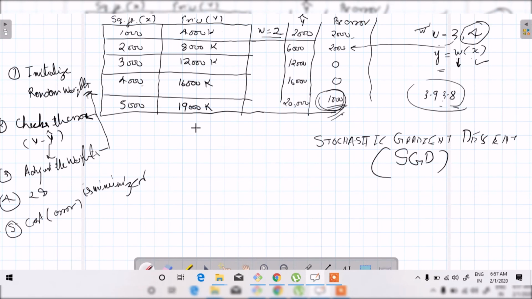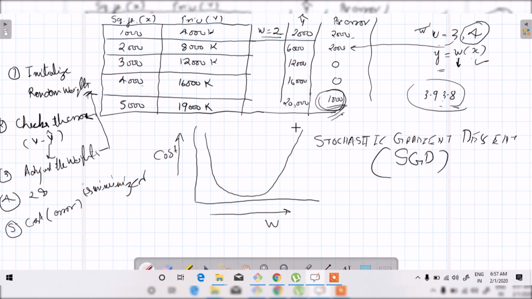if you say that your cost is this, your cost is increasing here, and this is your parameter weight, which is W, and the values of your weights are like this.